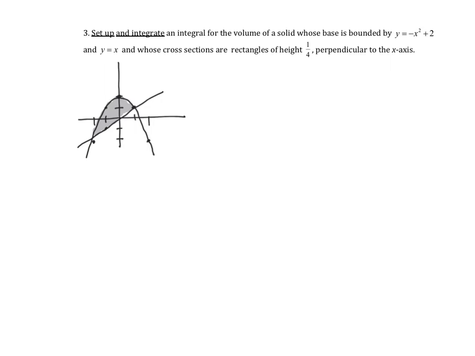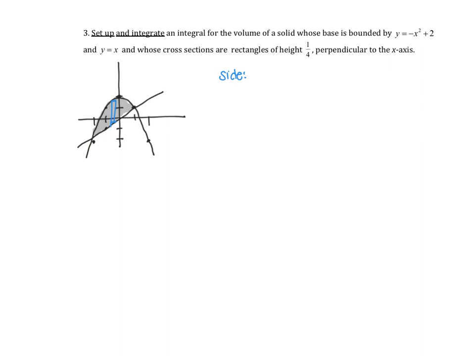So it says our cross sections are rectangles, and the height of them is only 1/4. So we've got this tiny little rectangle in here whose height's only 1/4 high. So let's talk about the side of this rectangle. Well, we are going to integrate with respect to x because it said it's perpendicular to the x-axis.